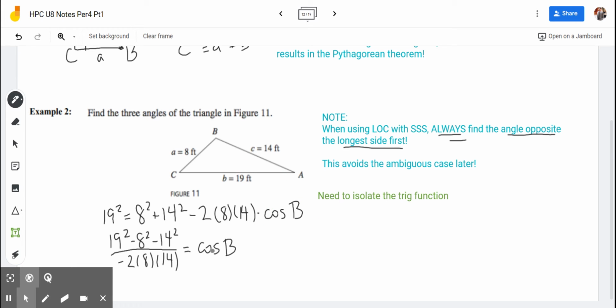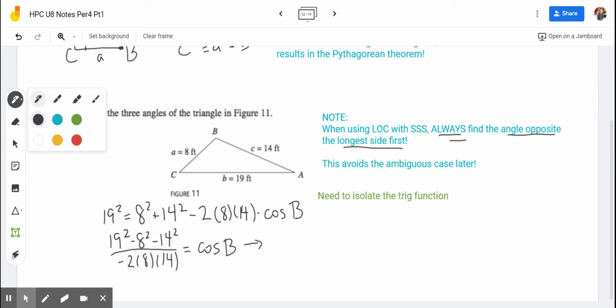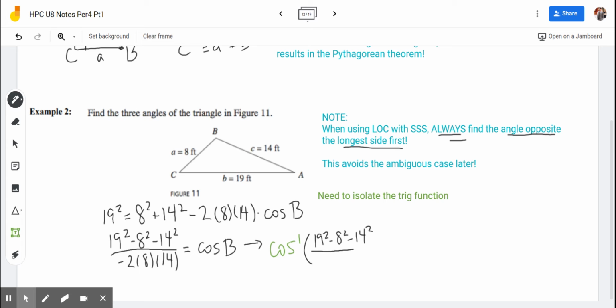So now we have cosine of B isolated to one side, and then to solve for the angle, we would just have to take the cos inverse of both sides. So we'll have cos inverse of that fraction, 19 squared minus 8 squared minus 14 squared, all over negative 2 times 8 times 14.